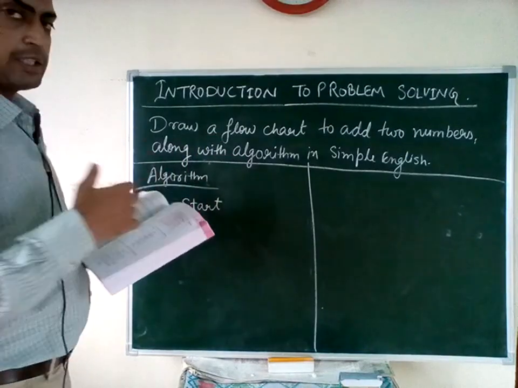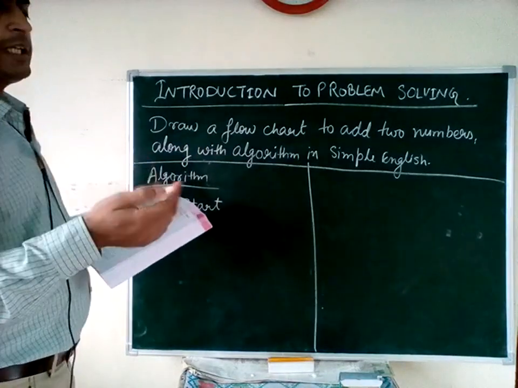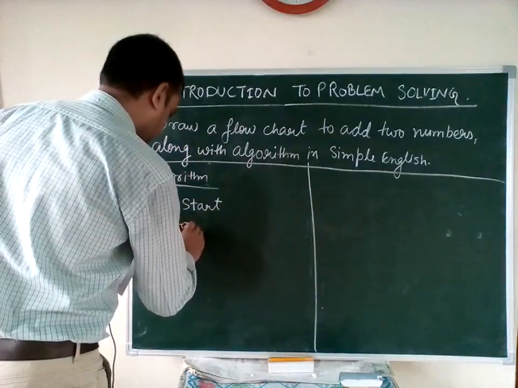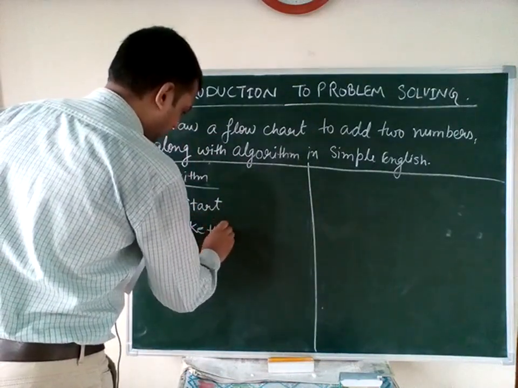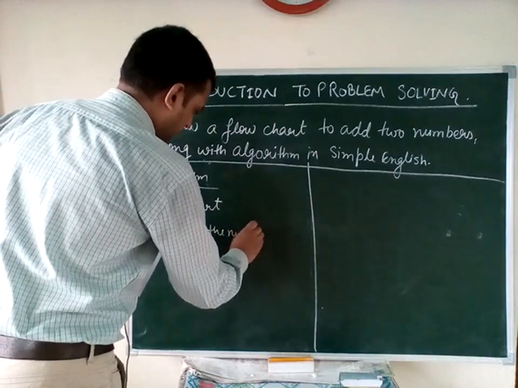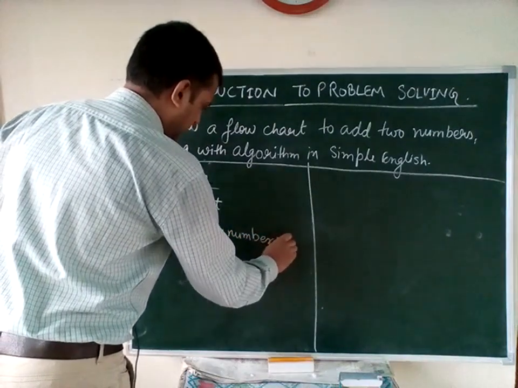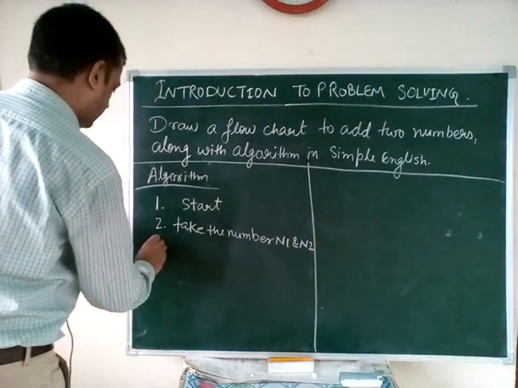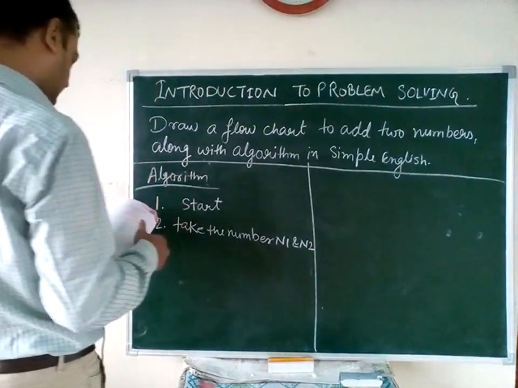So first I will start the program, then I will take the user input. So take the number n1 and n2.